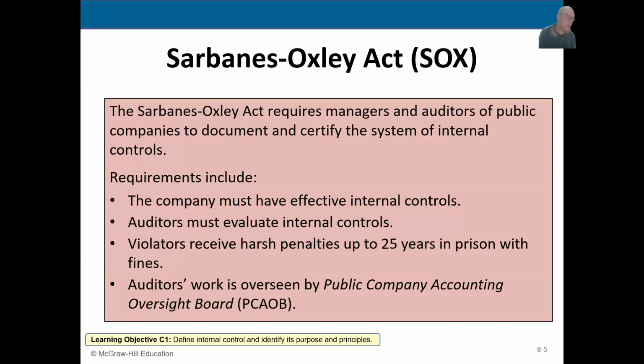Back in 2002, there was an act passed by Congress called the Sarbanes-Oxley Act. The idea behind this is that for publicly traded companies, the companies need to have their system of internal controls documented and certified.